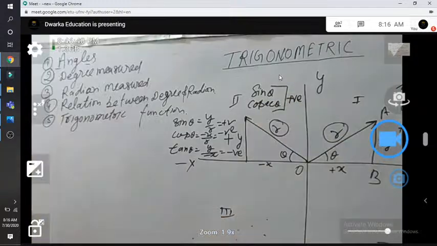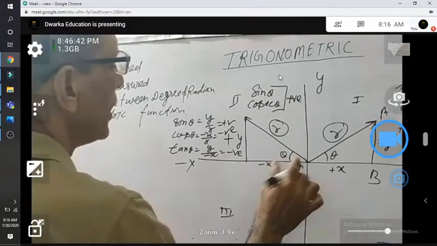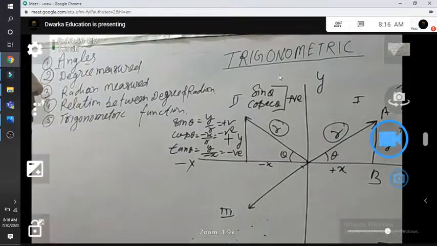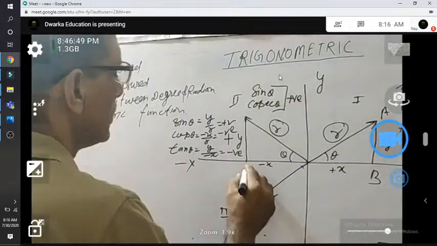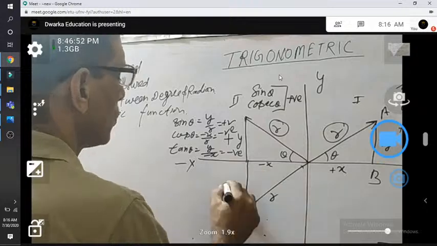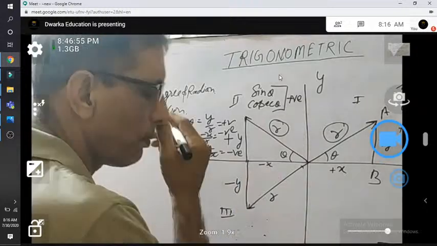In the third quadrant, let this be the resultant of any vector with absolute value r, then the perpendicular is equal to minus y, and this is minus x.